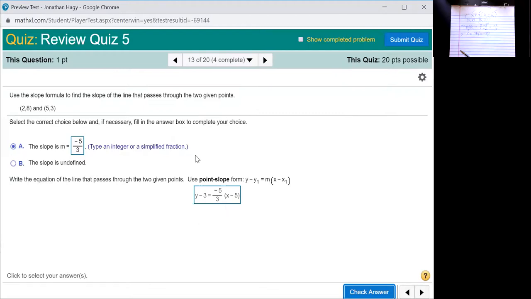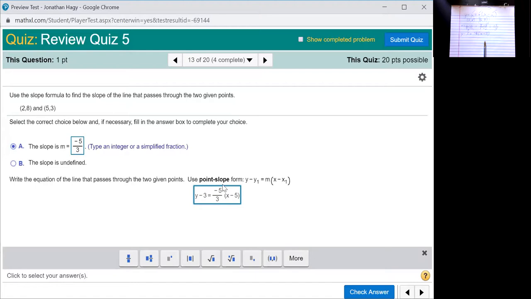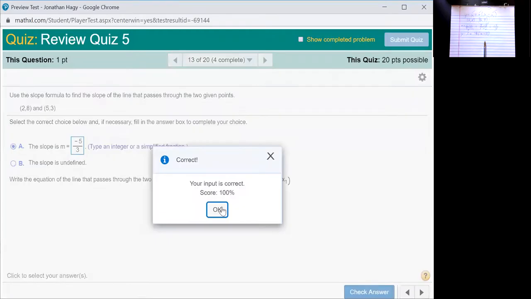Something's not right here. Point-slope form. Move this negative here. That was interesting. Okay.